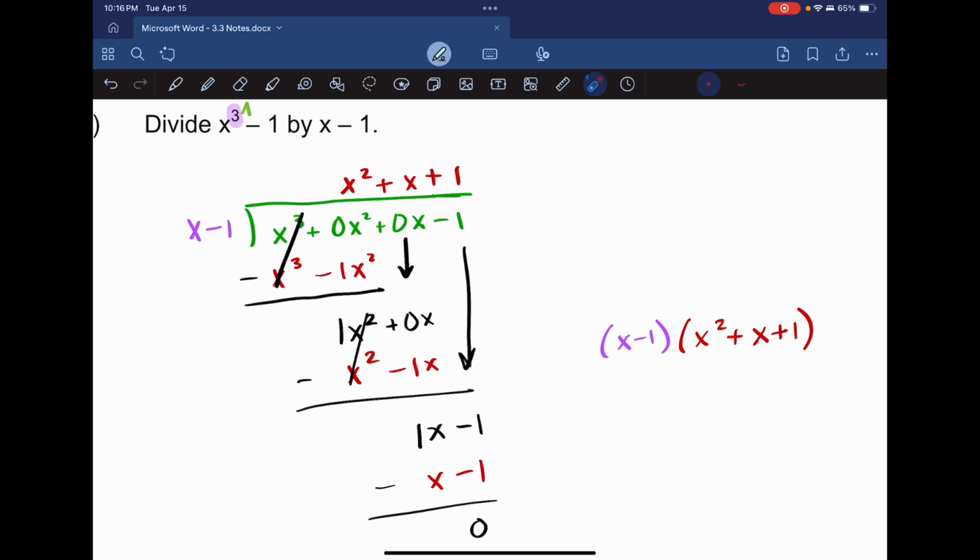Then I subtract them. Okay, notice here we have 0 minus a negative 1. That's what gives me the positive 1 here. Okay, bring my term down. Finish my problem out. Notice I get a 0, which tells me that x minus 1 is a factor. Okay, and what would be left over is x squared plus x plus 1.